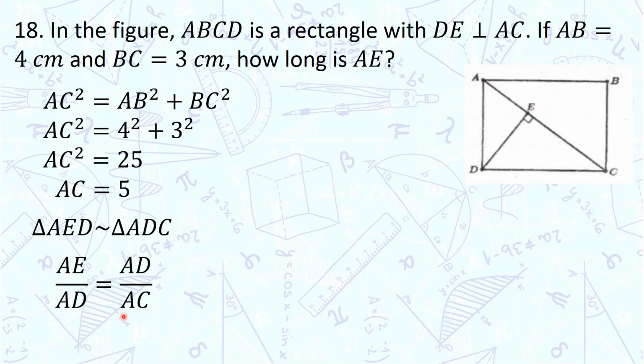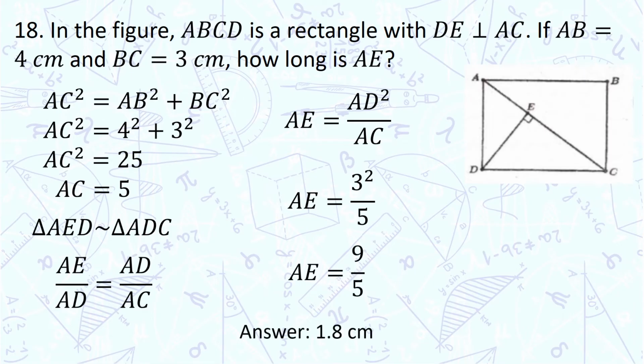Then we have AE is equal to AD squared over AC. Substitute the values. AD is equal to BC because these are opposite sides of a rectangle. So AD is equal to 3 and AC is equal to 5 as we have solved. So AE is equal to 9 over 5, that is 1.8 centimeters.